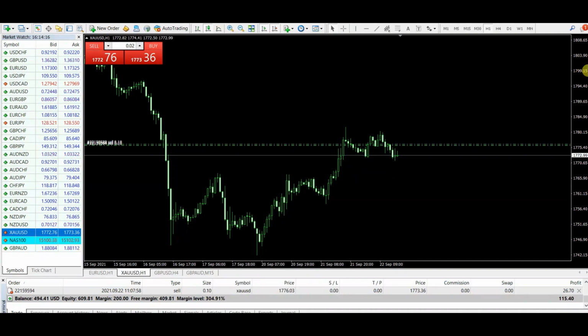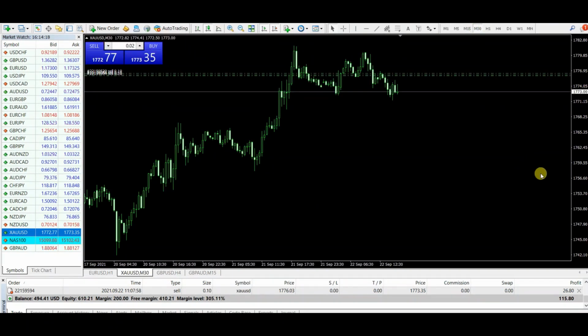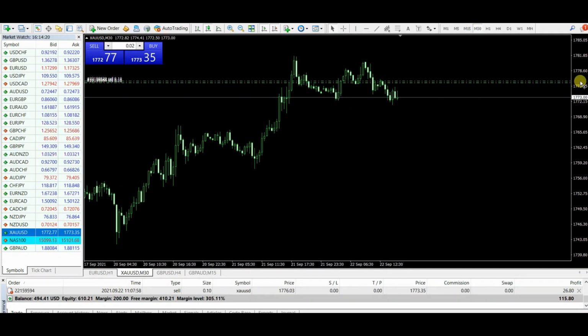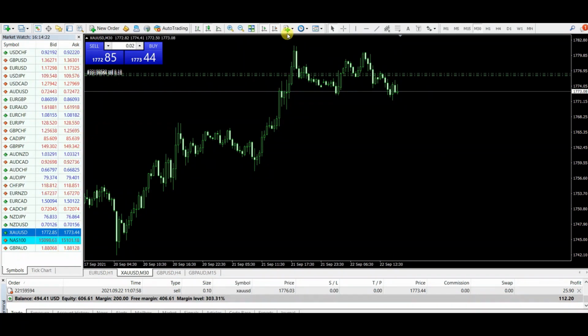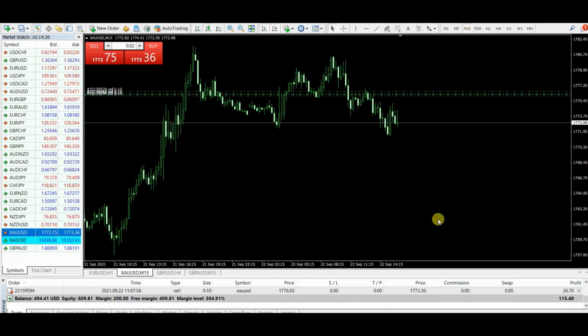Let me now take you on a 30-minute time frame. This is how everything looks like on a 30 minutes time frame. And if I go on a 15-minute time frame, this is what it looks like. And the market has been moving and it is still moving. And the other secret is that the market broke that structure.